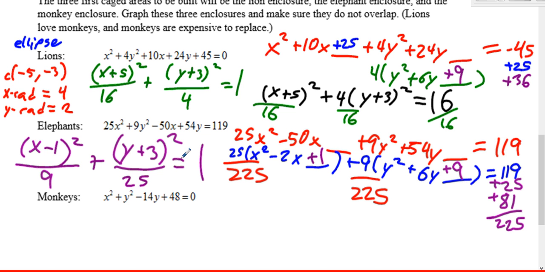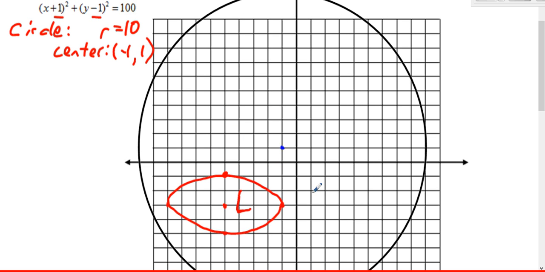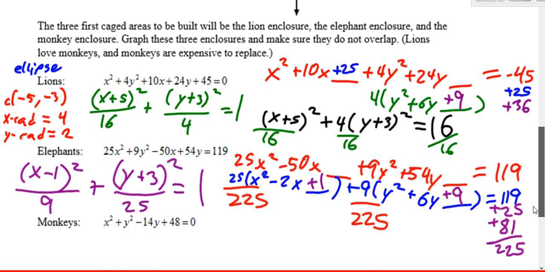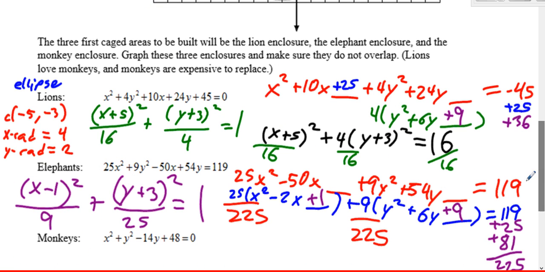So our center is 1, -3. The x radius is square root of 9, so 3. Go 3 to the left, 3 to the right. And the y radius is the square root of 25, so we go up and down 5.